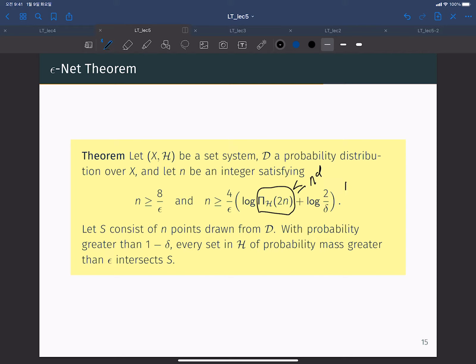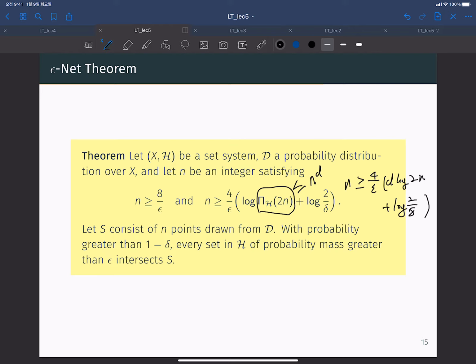when n is greater than or equal to 4 over epsilon times (d log 2n plus log 2 over delta), this is also okay.